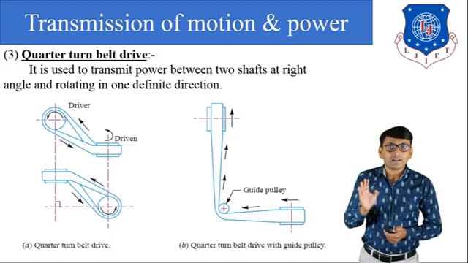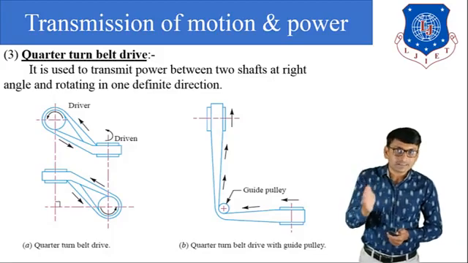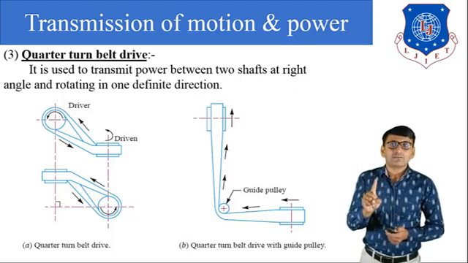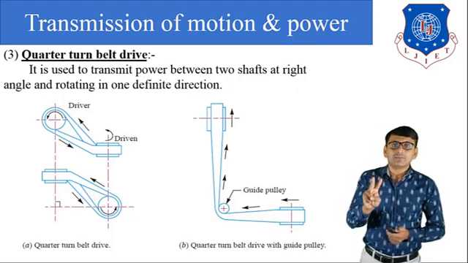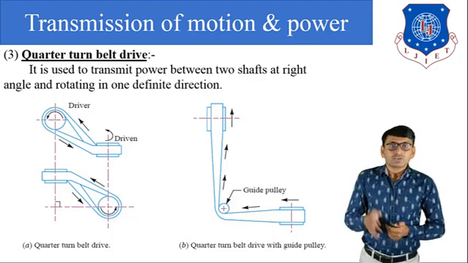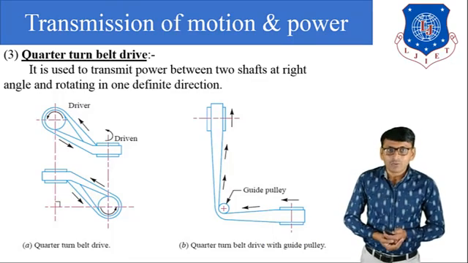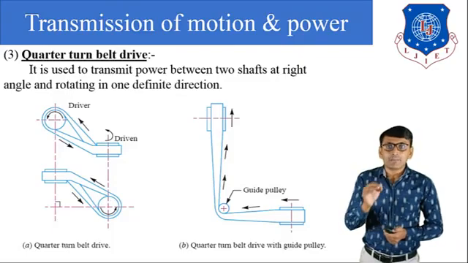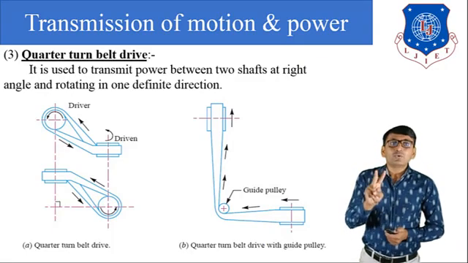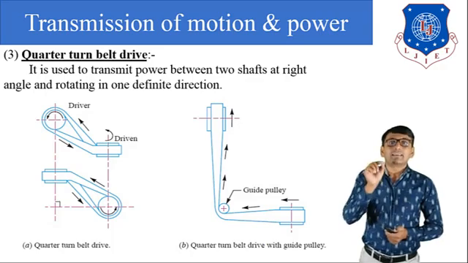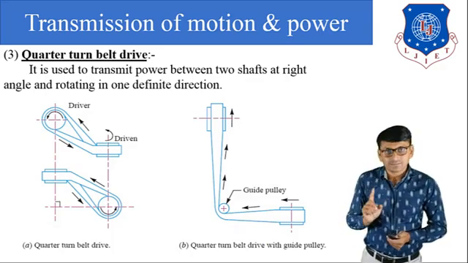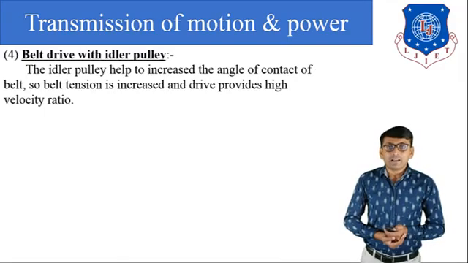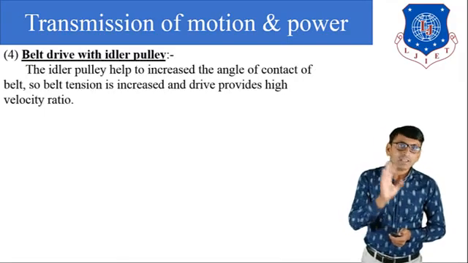What is the function of idler pulley? That we have to discuss later on. But here there are two diagrams, first without idler pulley and second with idler pulley. So quarter turn belt drive is used to transmit motion and power between two shafts which are at right angle to each other.